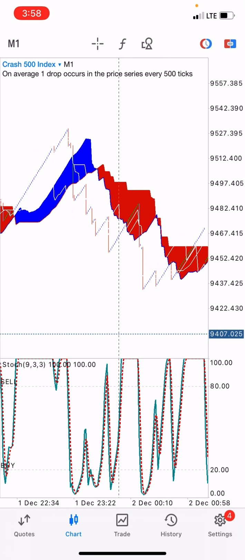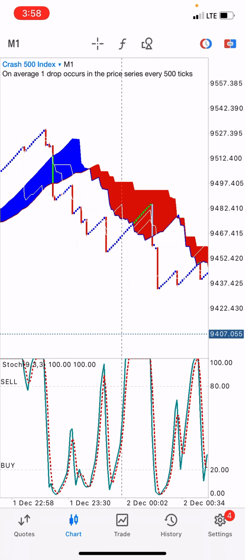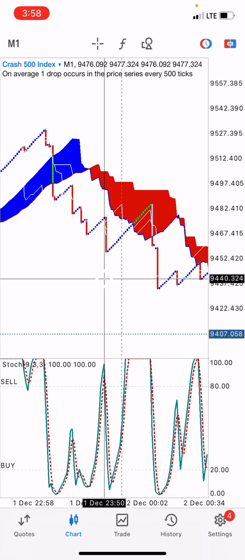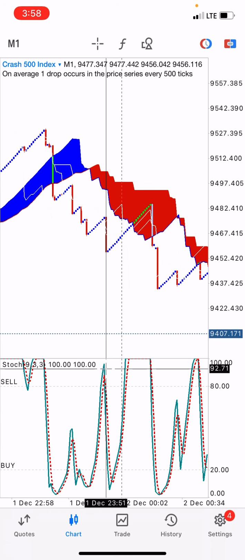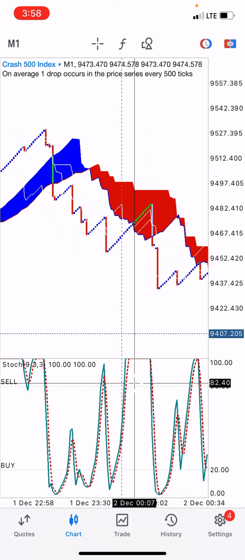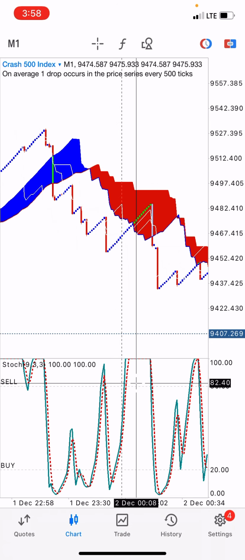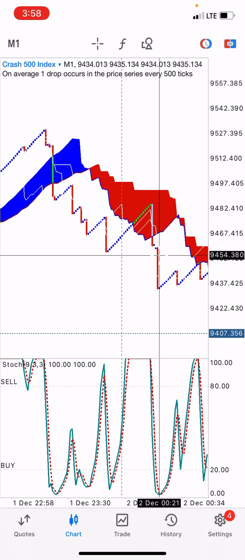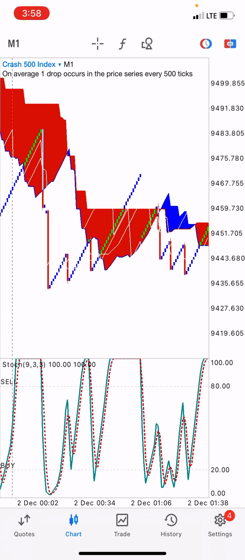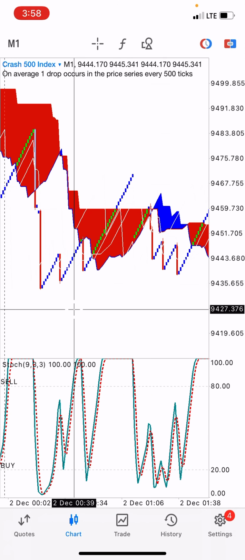Just like here again, can you see? Immediately the stochastic got to 80, it spiked here. You would have waited more than 5 candles if you would have held, but you would have caught this spike here and here. You would have caught this one too.